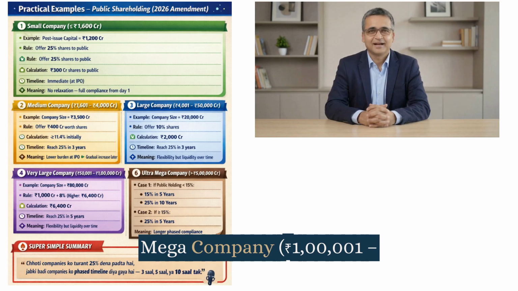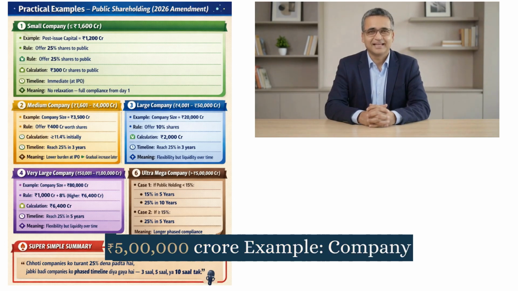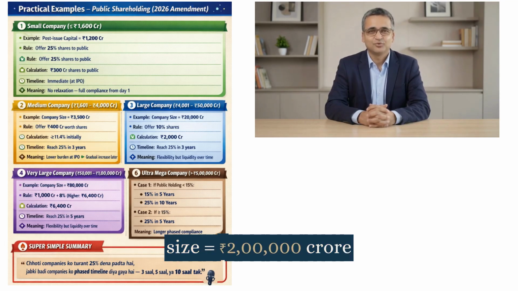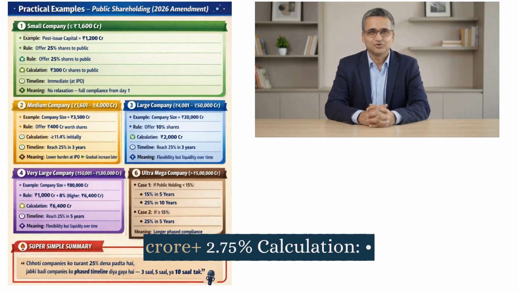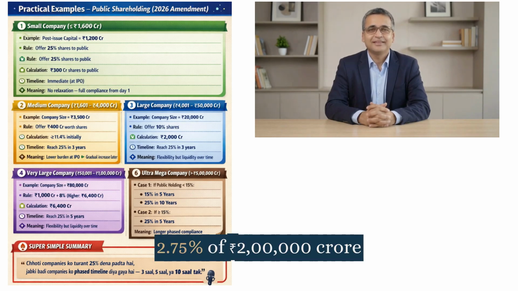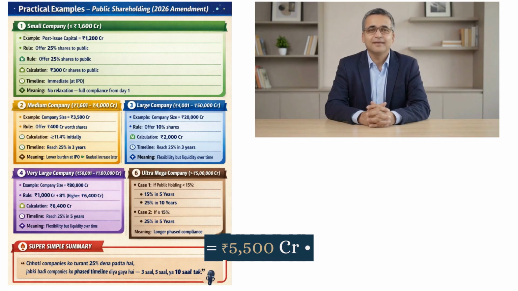5. Mega company, 1 lakh to 5 lakh crore rupees. Example, company size equal to 2 lakh crore rupees. Rule, offer 6,250 crore rupees plus 2.75%. Calculation, 2.75% of 2 lakh crore rupees equals 5,500 crore rupees.